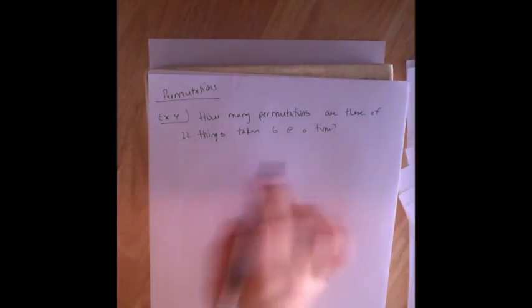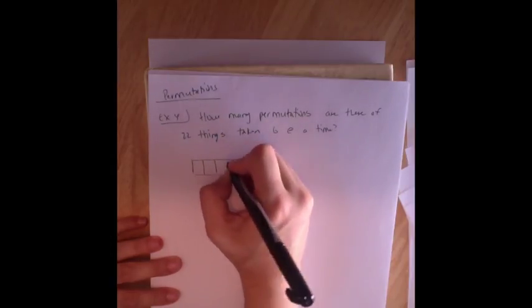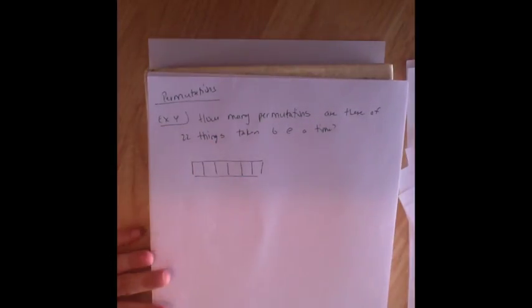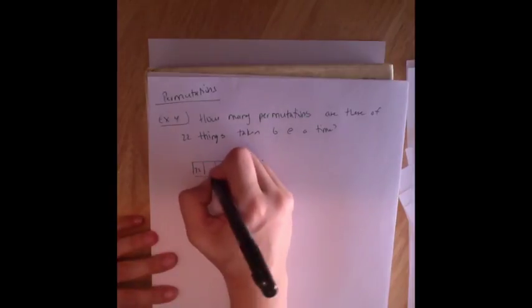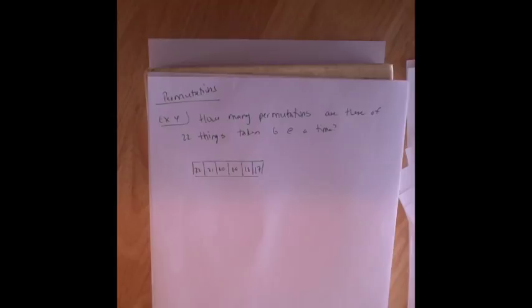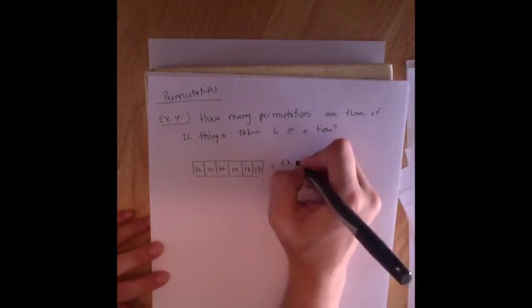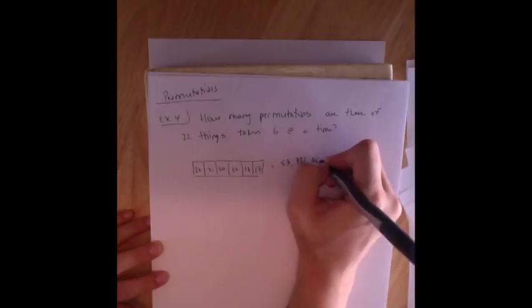Okay, so I'm taking 6 things, which means I'll have 6 boxes. And I'm taking 22 things, so I'll have 22, 21, 20, 19, 18, 17. And if I multiply this out, it gives me 53,721,360.